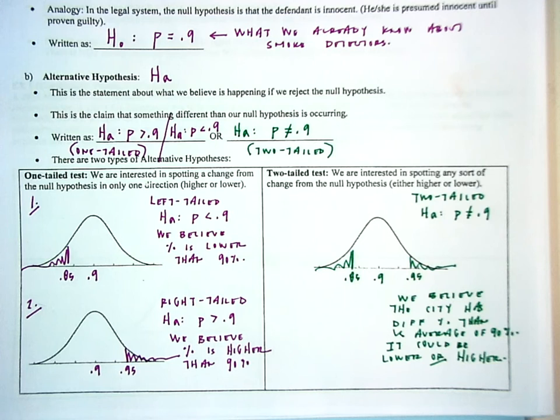Okay, so again, the situation that we're dealing with right now, we're looking at smoke detectors. We know that our null hypothesis is P equals 0.9. That's what we already know about smoke detectors, that at least 90% of American homes have at least one smoke detector.